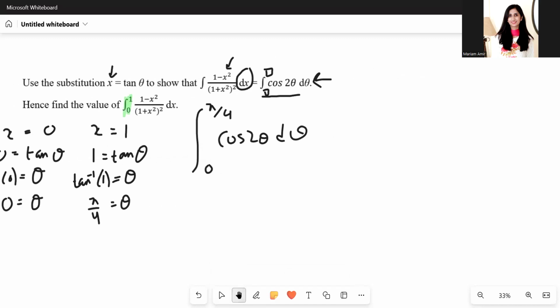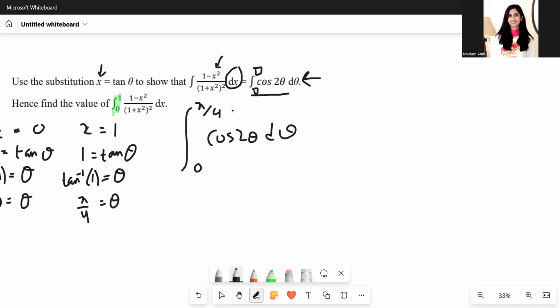Okay. Now we know that integration of cos x, this is given in the formula sheet by the way, is just sine x. But this is not just cos x, it is cos of 2 theta. So we have a function here.